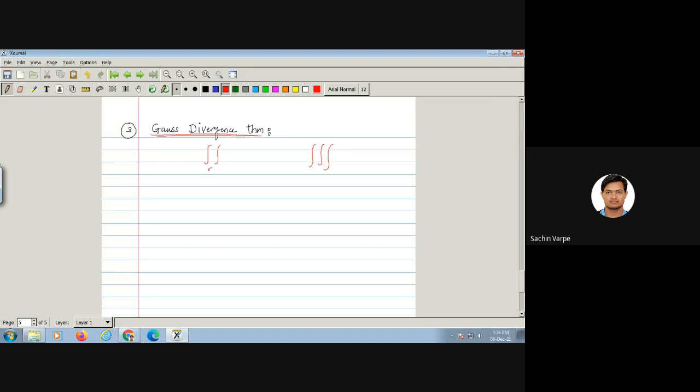This is surface integral and this is volume integral. The Gauss divergence theorem says, a surface integral of normal component of f bar, that is double integration of f bar dot n cap ds, that is f bar dot ds bar, is nothing but the volume integral of divergence of f bar, del dot f bar dv. This is the statement of Gauss divergence theorem.